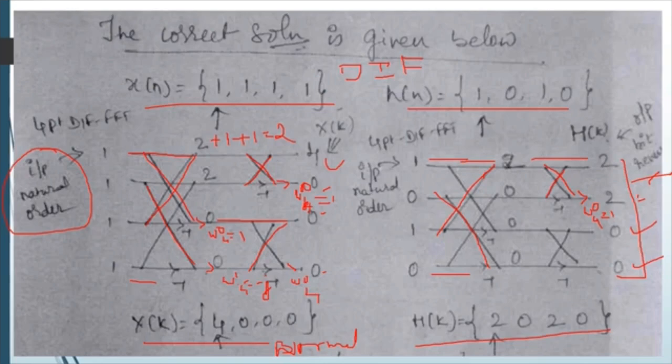So 0 minus 0, 0 multiplied by anything is 0, and the other points are also 0. In the second stage, we have the twiddle factor 1, omega 4 power 0, because here N is equal to 4. Here also omega 4 power 0.